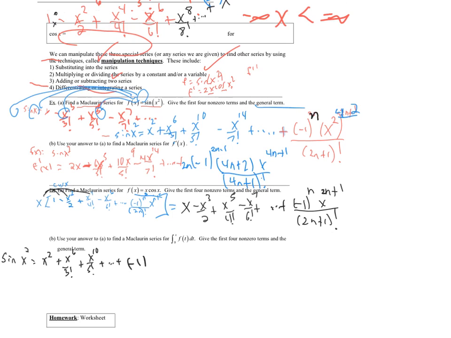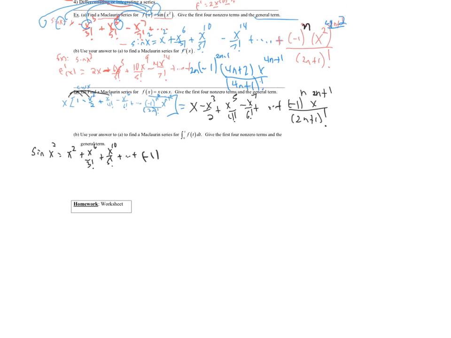And then the x squared was raised to the 4n plus 2, and then I'm dividing by a 2n plus 1 factorial. I think I'm good with that. But anyway, let me do that. Minus 1 to the n, x to the 4n plus 2 over the 2n plus 1 factorial.